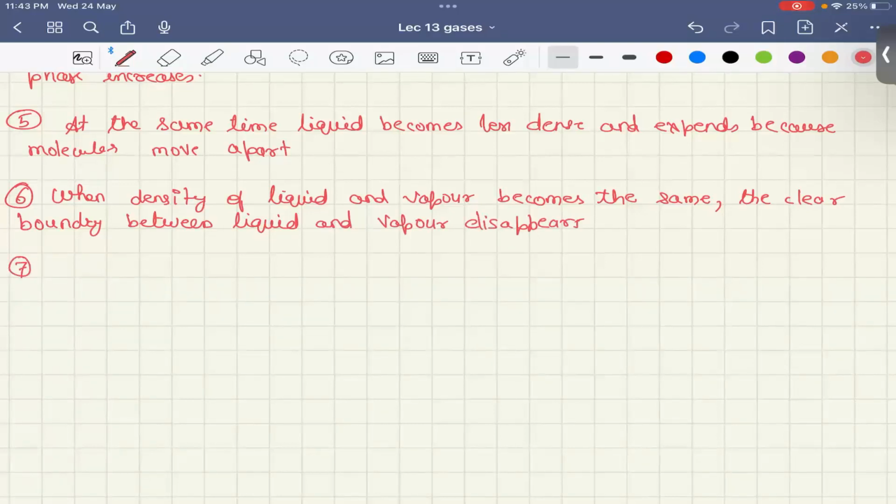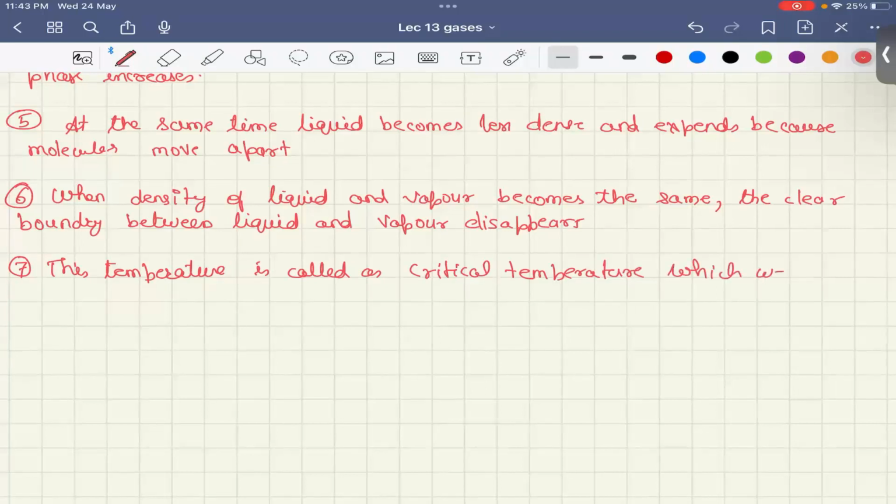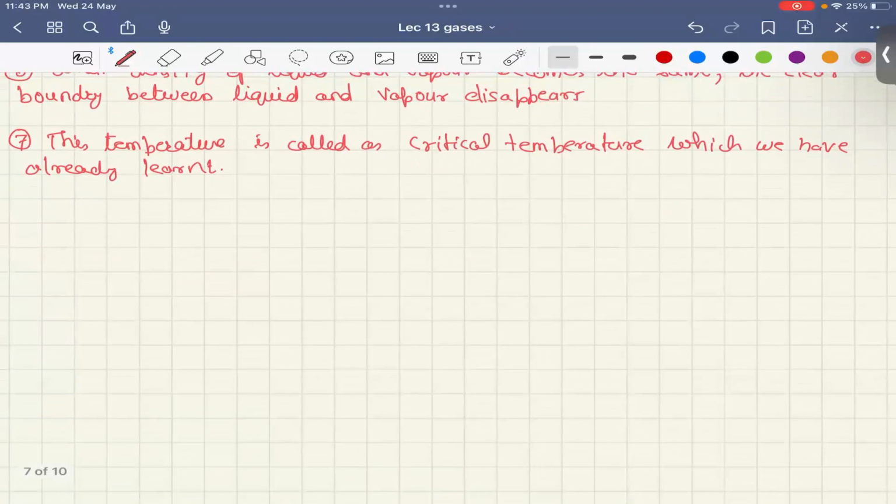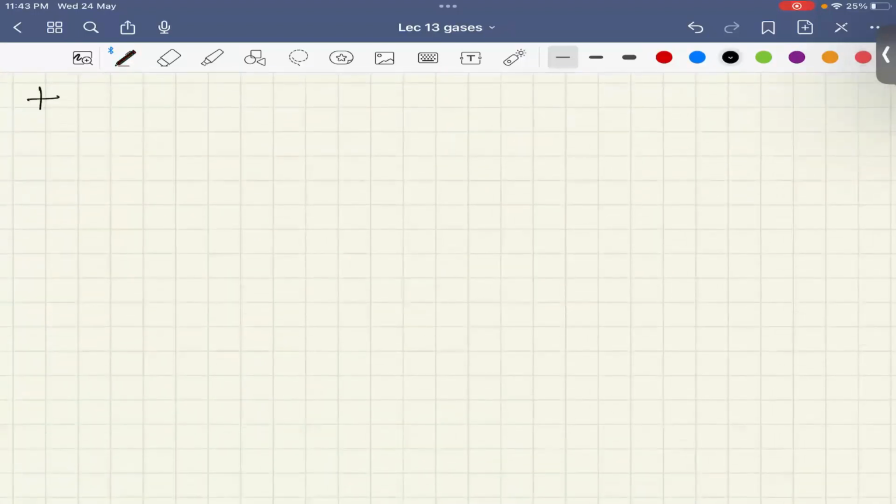This temperature is called the critical temperature, which we have learned already, right? Now let us try to understand the difference between evaporation and boiling.